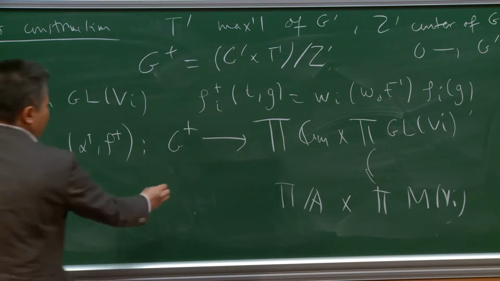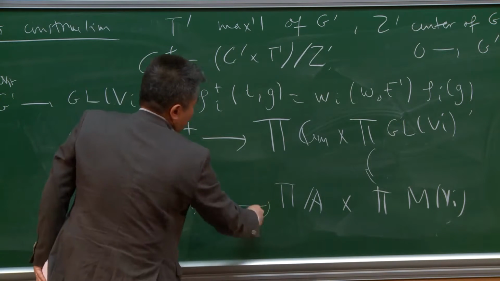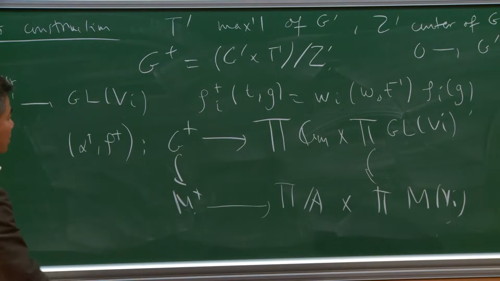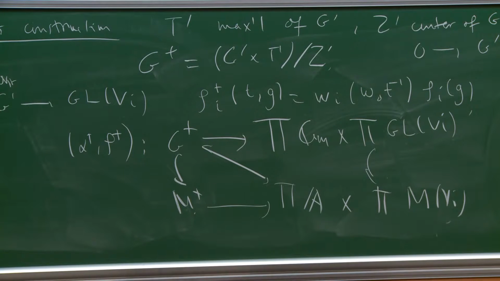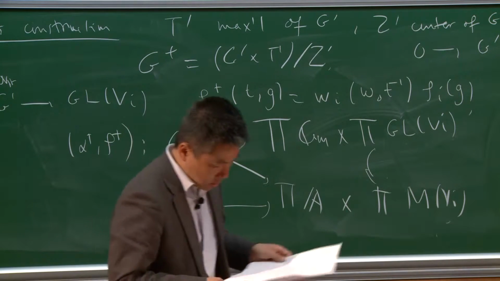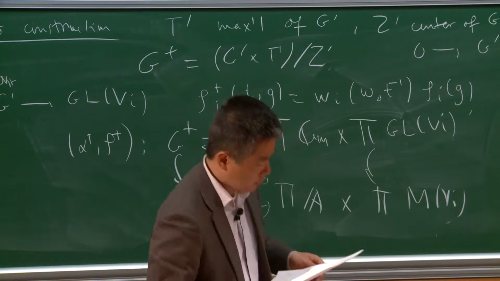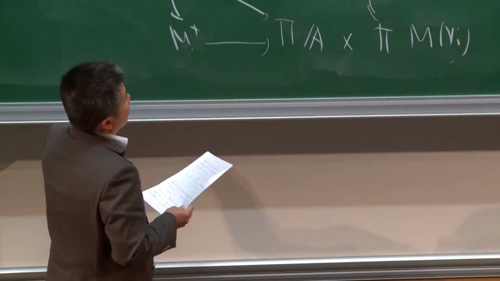And so M plus is defined to be the closure. So this is an embedding, and this is the closure of G plus. I mean, in small characteristics, it may happen that M plus is not normal, in which case you want to normalize it. But this is not, I think, a very important issue.